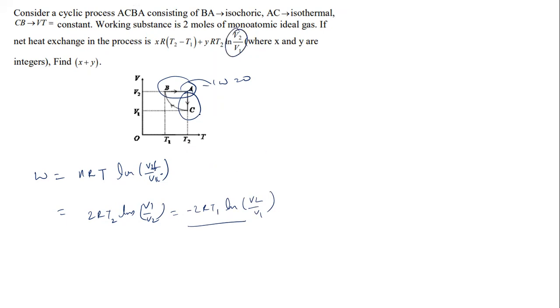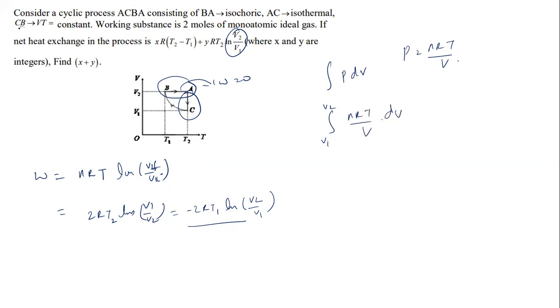Next we need to find this BC process. BC process work done is equal to P dV. So P is what? P is equal to nRT by V. So V1 to V2, nRT by V into dV.